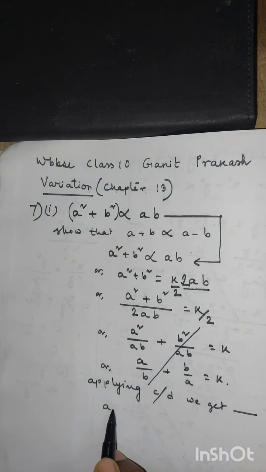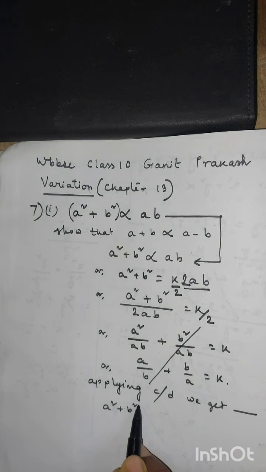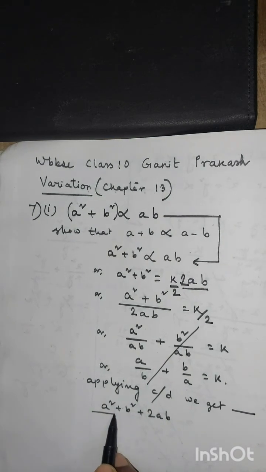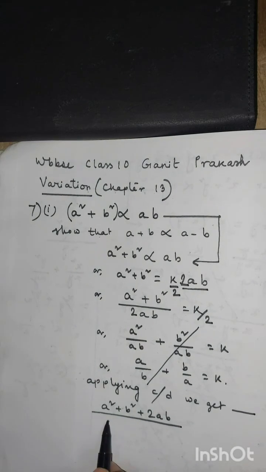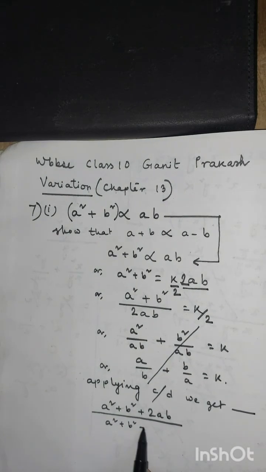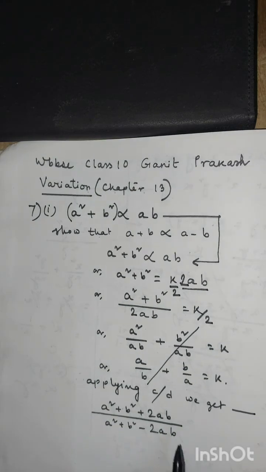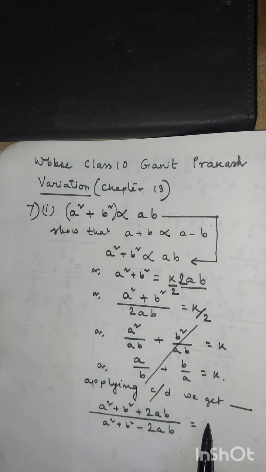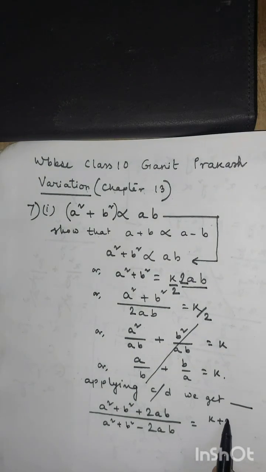So it will become a square plus b square plus 2ab by a square plus b square minus 2ab equal to k plus 2 by k minus 2.